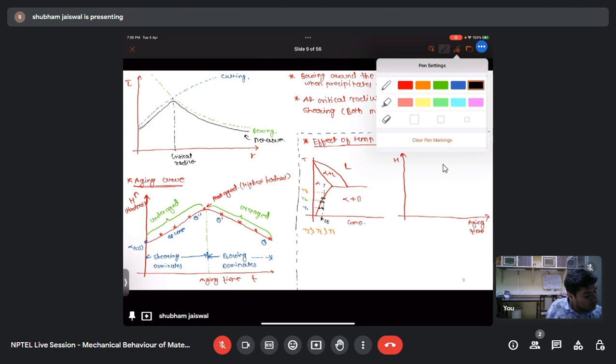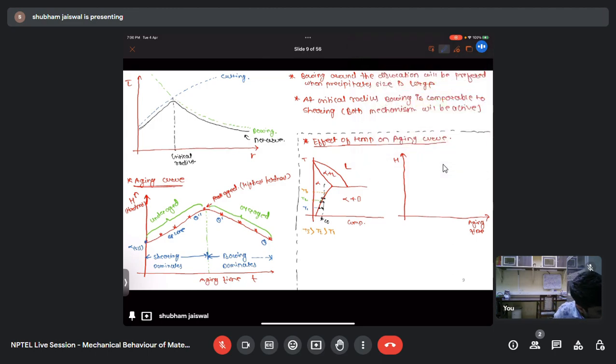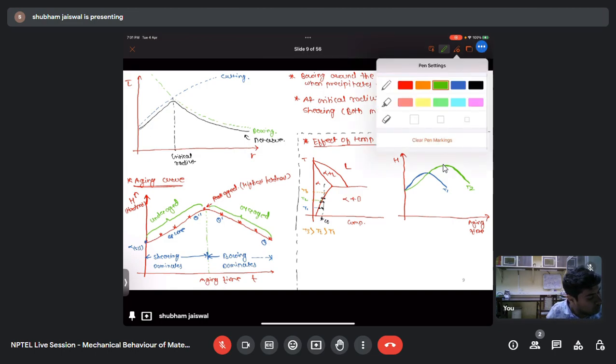So if I plot all these curves, this is for T1. If I plot for T2, it will be something like this. And this will be for T3. Sorry, my mistake.